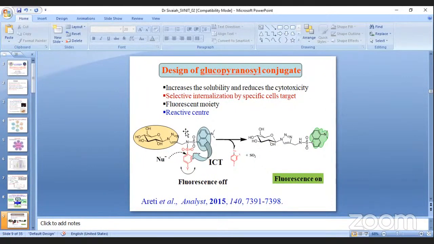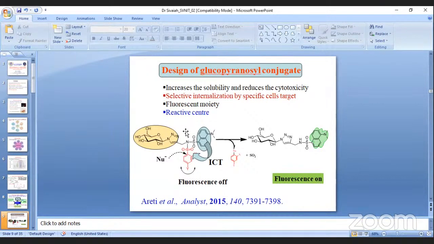Why do we need the glycoconjugate carbohydrate-based moiety here? If you have this glyco moiety, that is the carbohydrate glucose moiety, it will increase the solubility and reduce the cytotoxicity. One more important factor is the selective internalization by a specific cell target.